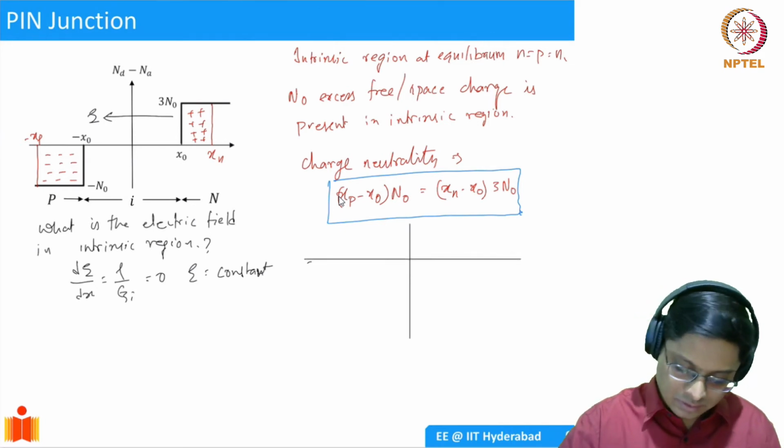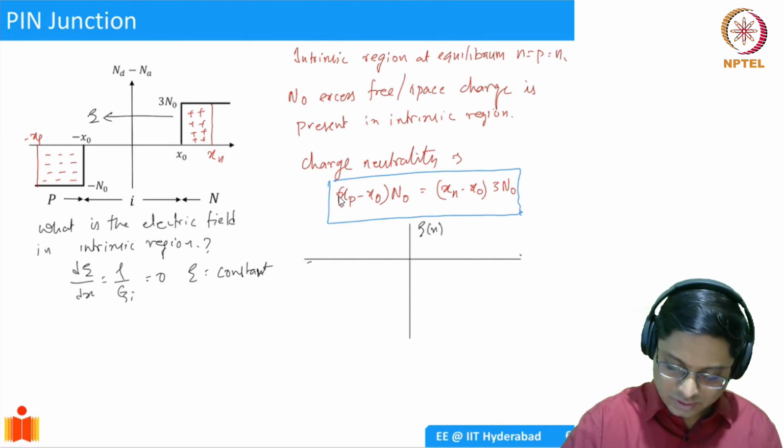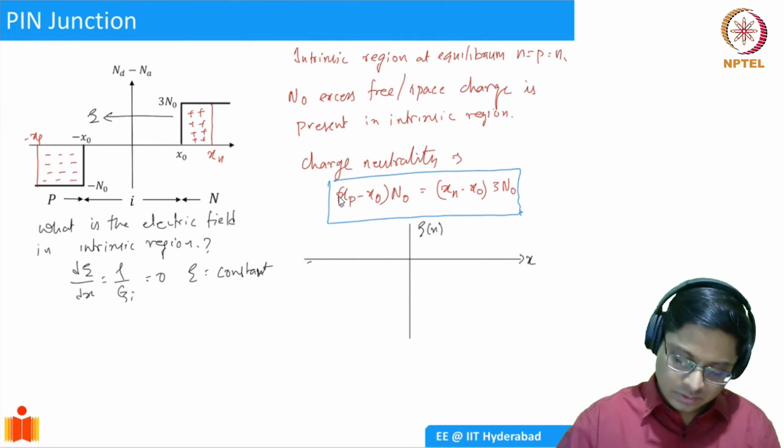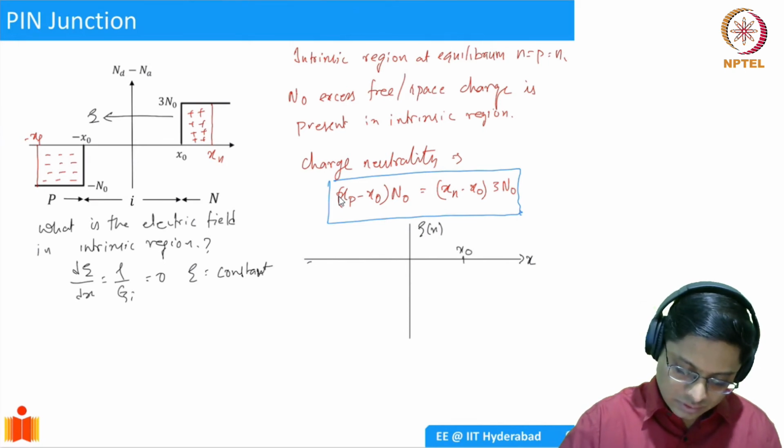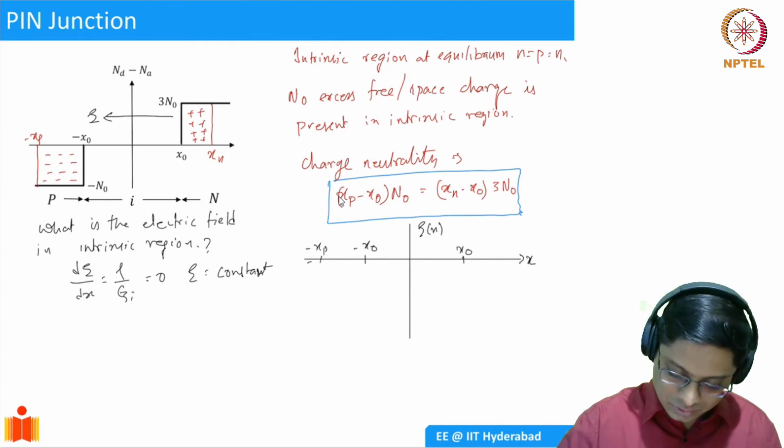Well, you have E of x versus x. You have a few critical points here. This is x0, this is minus x0, this is going to be minus xp, and since the doping is high, I'll just show xn to be closer here.